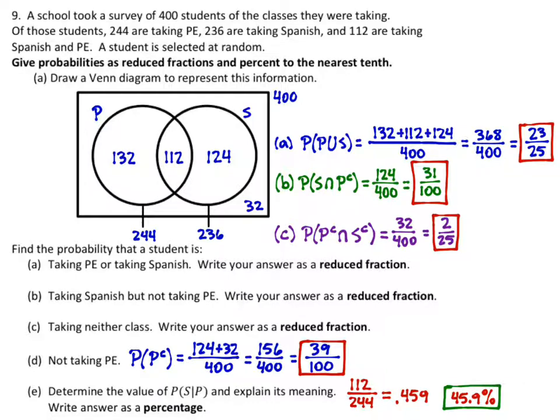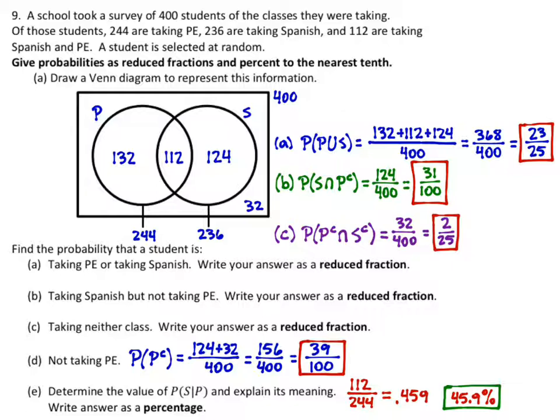The second part of this, it says explain its meaning. Well, we would say that the probability that a student who is taking PE is also taking Spanish is 45.9%. Or we could say, if a randomly selected student who is taking PE is selected, the probability that it will be a Spanish taking student would be 45.9%.